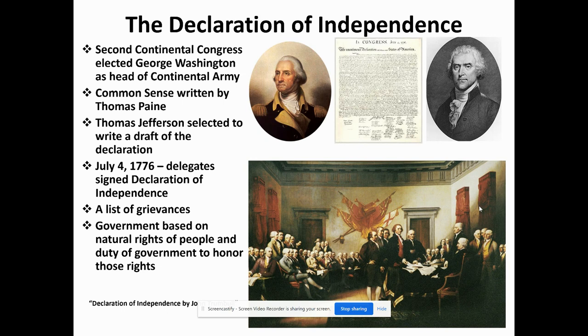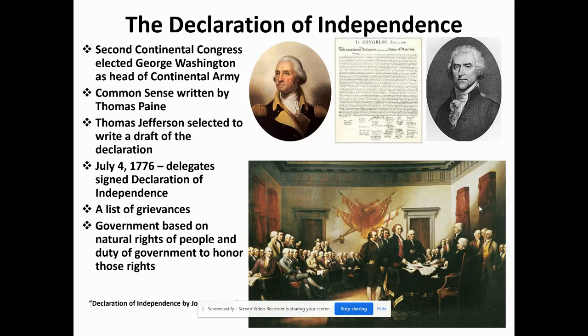And so Thomas Paine writes a pamphlet. Remember, I told you that the way they spread ideas and were able to get people to listen was through either the newspapers or pamphlets that they would print up. Thomas Paine prints up a pamphlet known as Common Sense.